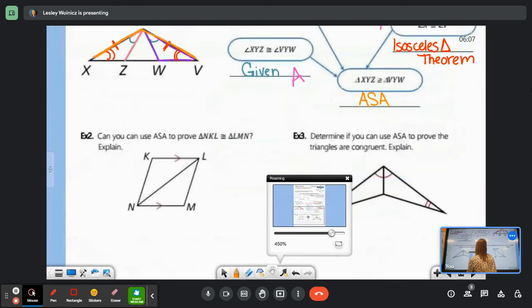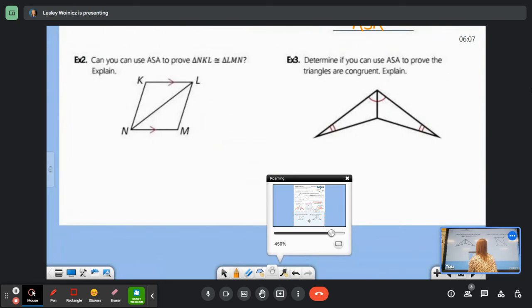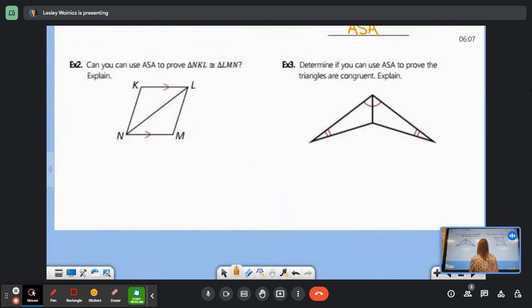Now we want to know if these pairs of triangles can be proved congruent. Can we use angle side angle to prove that triangle NKL is congruent to triangle LMN? Oh my gosh, I'm flipping letters around like crazy. Do not listen to me. It's NKL congruent to triangle LMN.